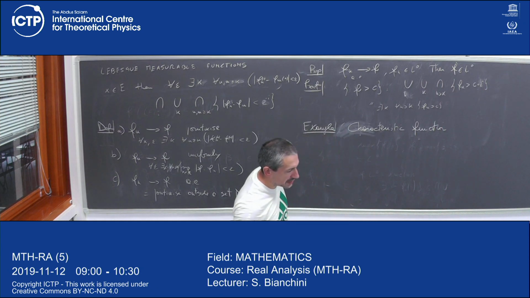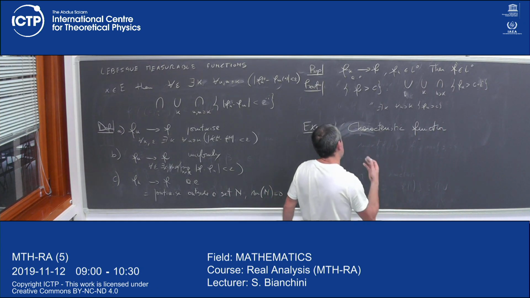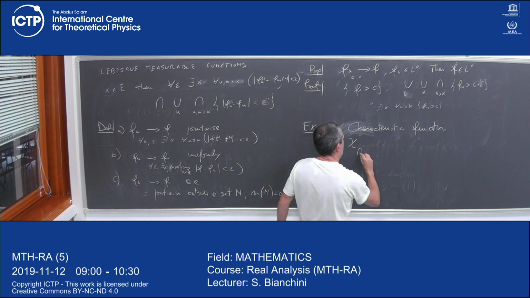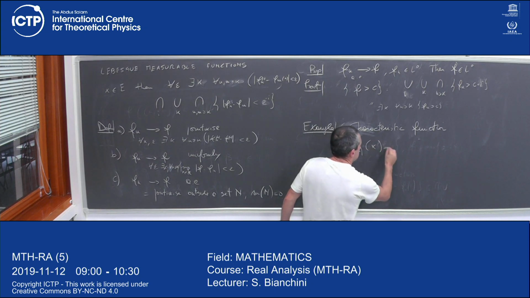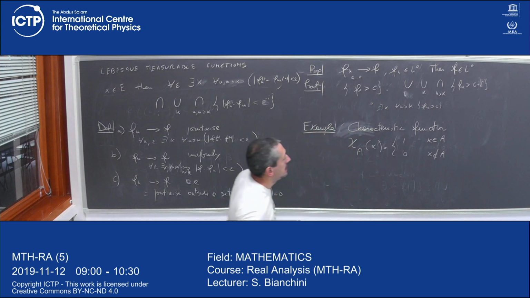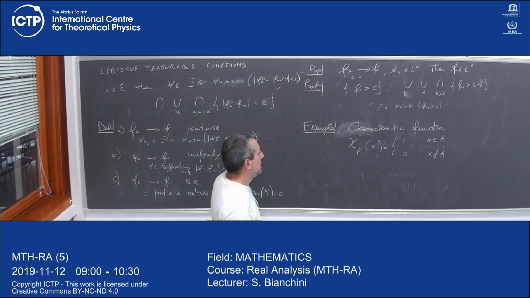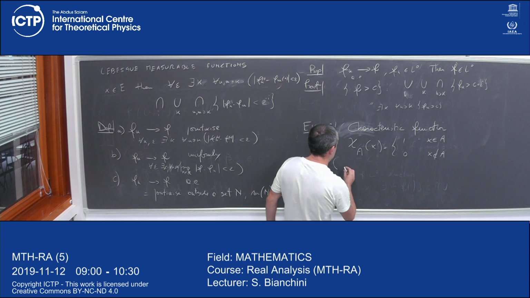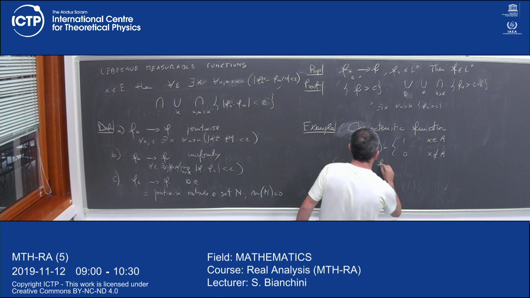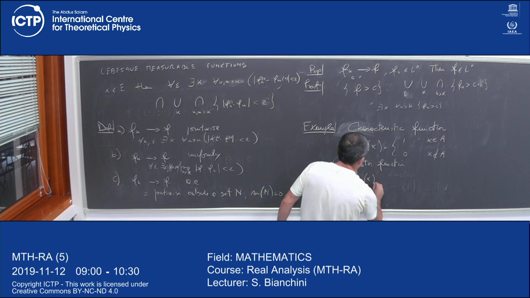The notation I use, and indeed I'm not coherent here, because the characteristic function should be denoted by chi of A. It is 1 if x is in A, and 0 if x is not in A. But actually, somebody else says that this is the indicator function, the indicator of A, with the same definition.